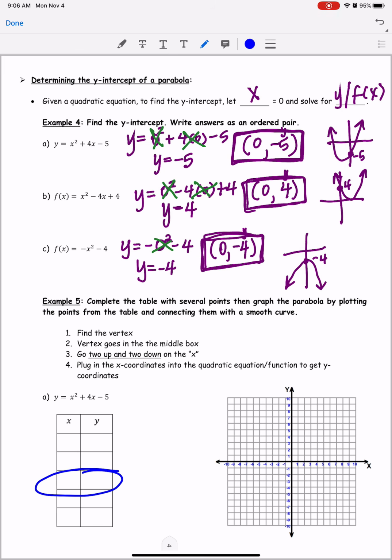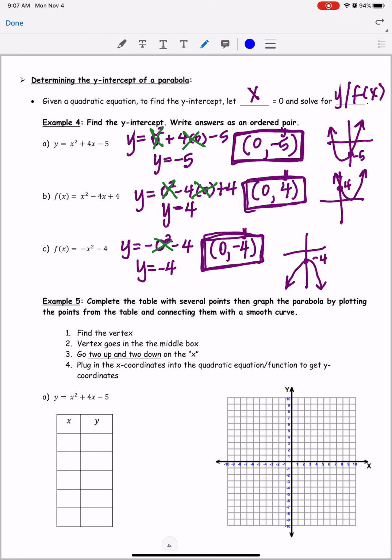You're always going to be given 5 boxes, so it will always go in that 3rd box. Number 3, you're going to go 2 up and 2 down in the x column. And then step 4, plug in the x coordinates into the quadratic equation or function to get your y coordinates. This is going to be like finding your vertex on steroids.